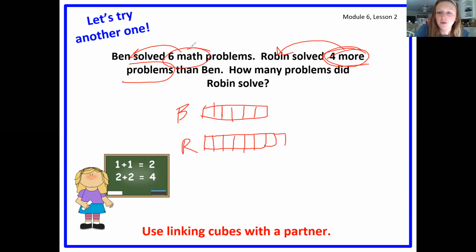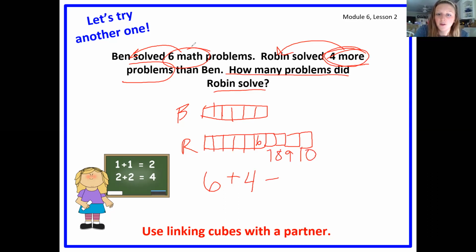1, 2, 3, 4. So I know I want to answer how many more problems did Robin solve? Well, Robin had the same amount of 6 and then added the 4 more. So if I count them, I know that this was 6. I can count on 7, 8, 9, and 10.